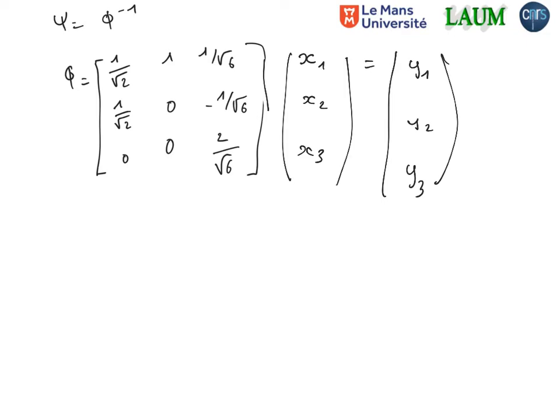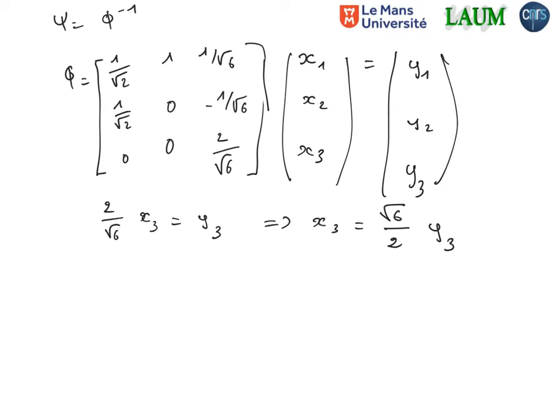So if we look at this, we can see that there is something very simple, because the last equation is that 2 over square root of 6 times x3 equal to y3, which means that x3 is equal to square root of 6 divided by 2 times y3.